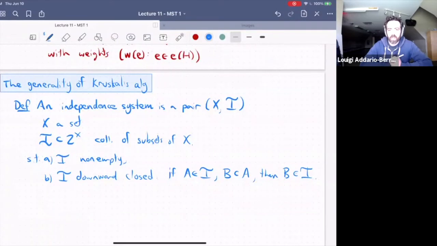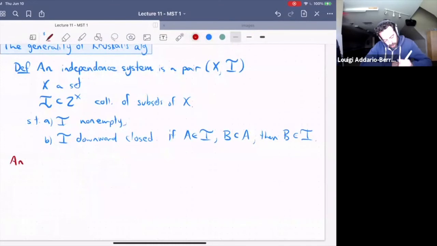If a set of vectors is linearly independent and I take a subset, it's still linearly independent. Spanning forests of a graph also have this property. If I take a spanning forest and I remove some edges, then I get another spanning forest.